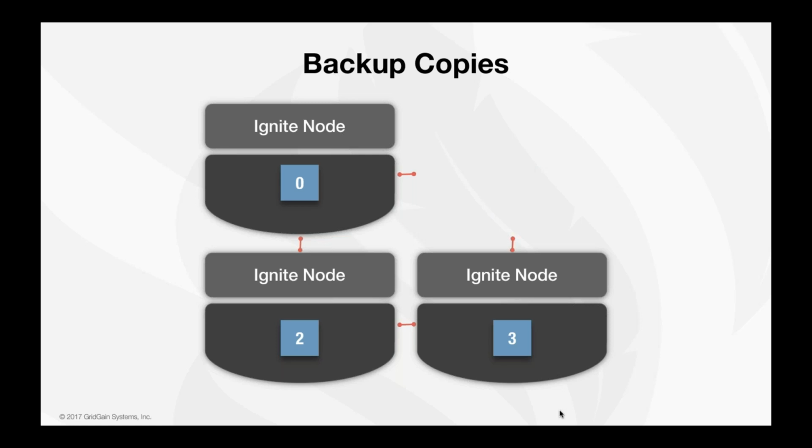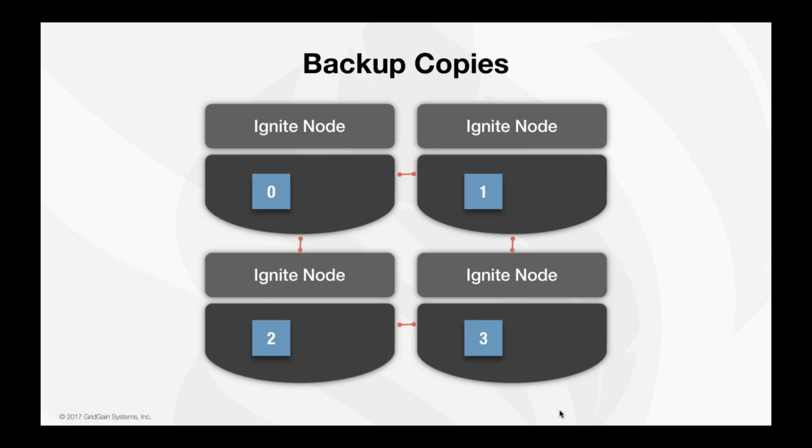Once the node has gone down, any partitions stored on that node are gone as well. So we've lost partition 1, part of our cluster-wide data, and that is no longer available to us.